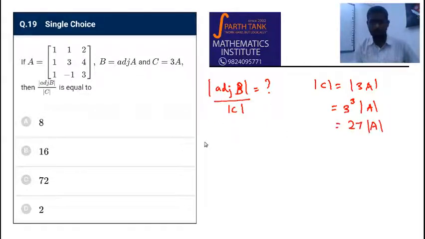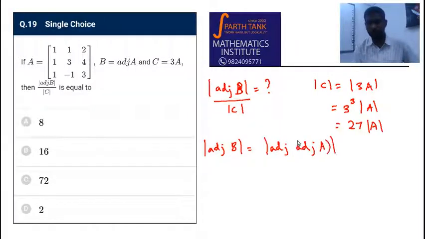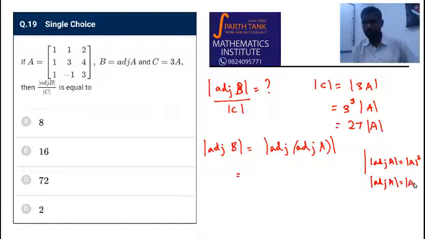What about adjoint of B? Adjoint of B is nothing but adjoint of adjoint of A. Determinant of an adjoint, do you remember this? The determinant of adjoint of A is determinant A squared. The general rule is determinant of adjoint of A is determinant A to the power n minus 1, where n is the order of the matrix. Since we are dealing with a 3 by 3 matrix, it is squared.